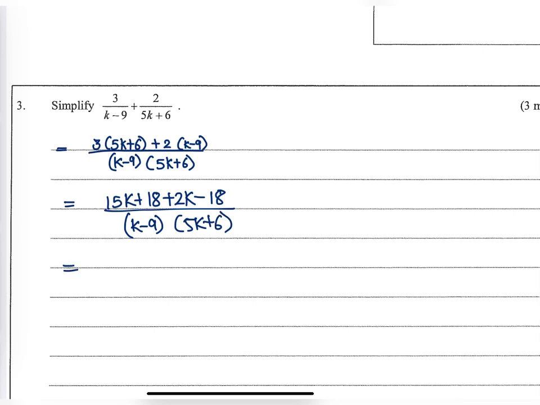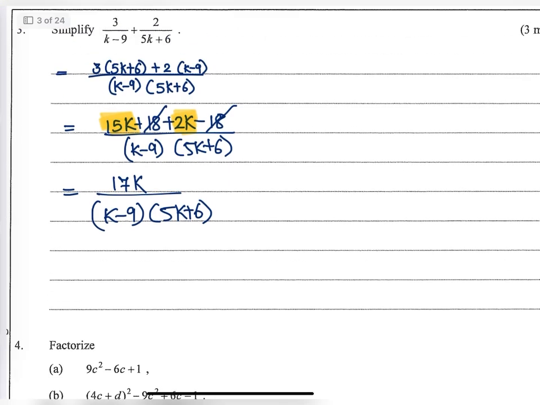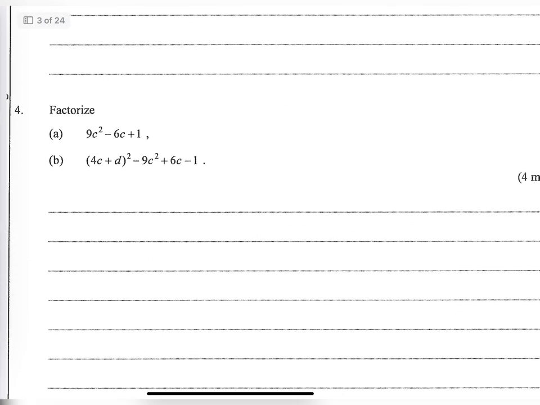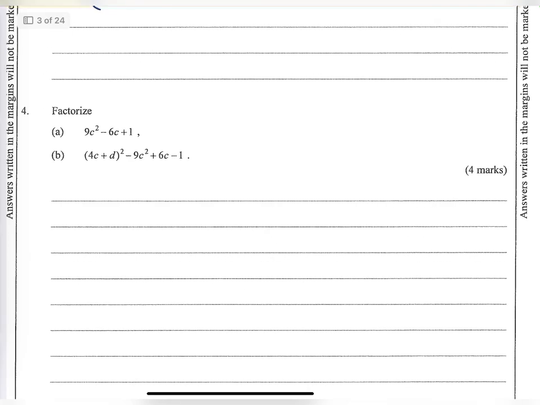Now we can see like terms, so we'll be adding those like terms. 15k and 2k is going to be 17k, and of the 18s, one is positive and one is negative, so we can cancel them out. So this will be our answer. I hope I made myself clear for these questions. Now we can move to the next question, which is question number 4.